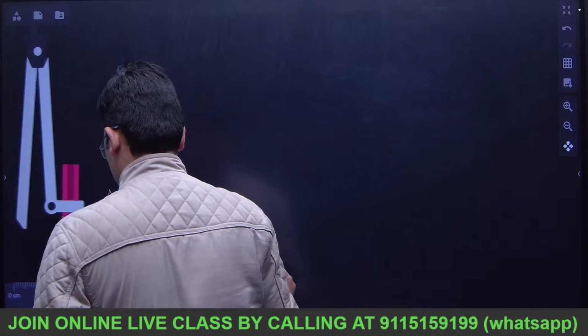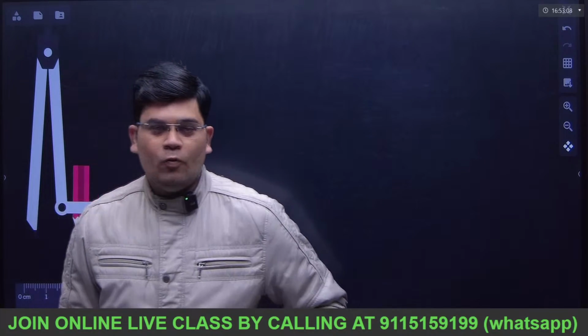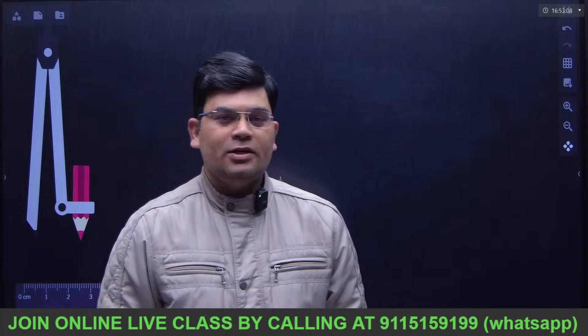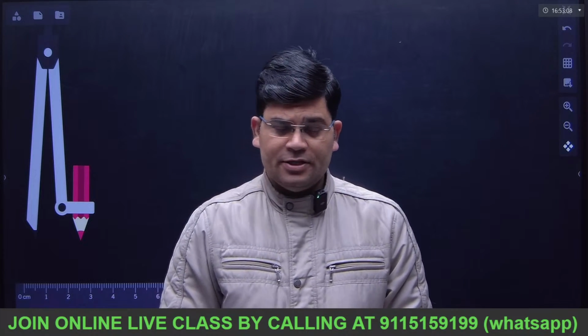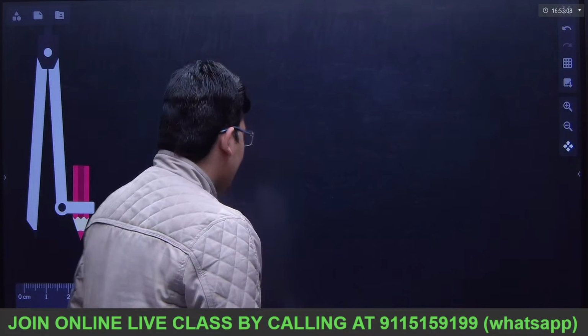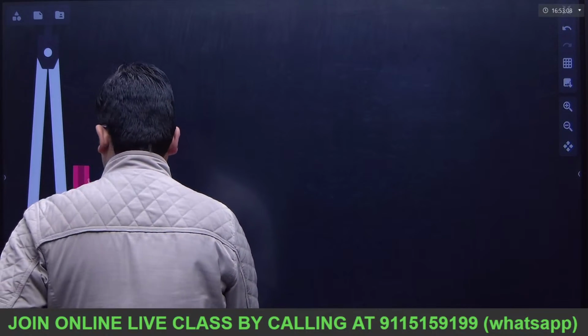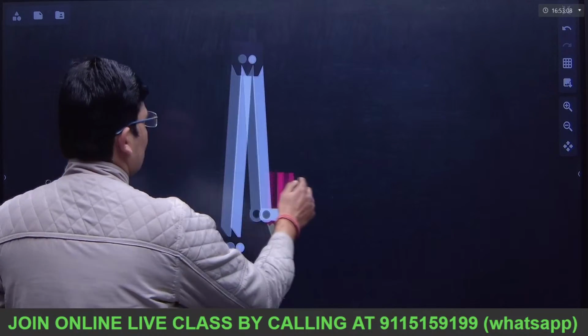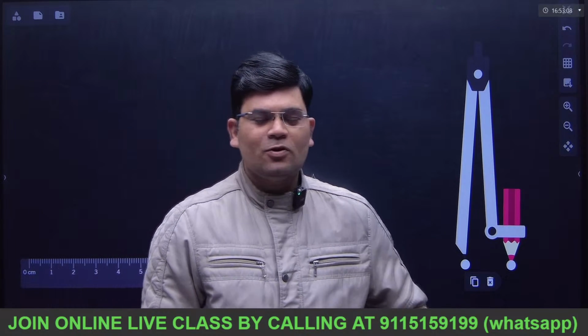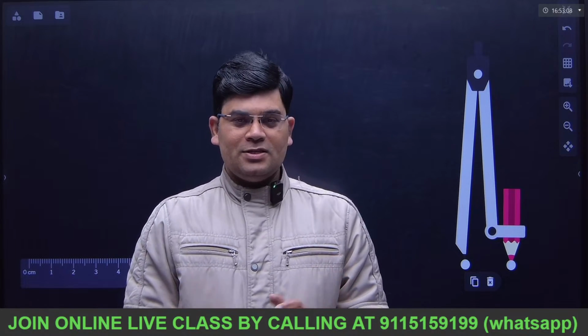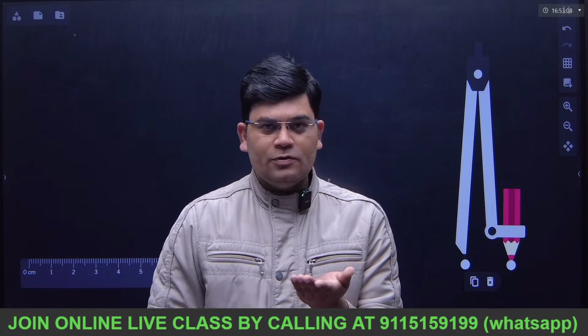Okay, so without wasting much time, let us first understand what is circumcenter. Now, to make a circumcenter, we need just two things. One is this compass. We used to say compasses, because compass is what we use for directions.